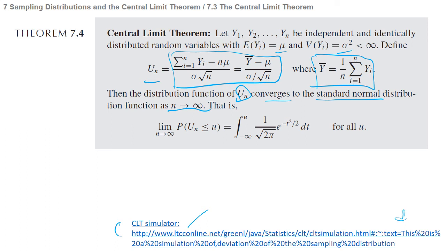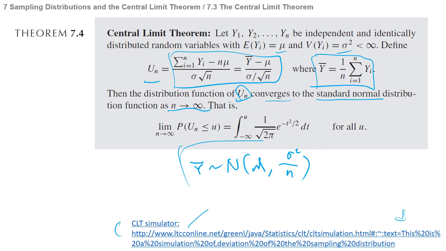To use this central limit theorem, I usually write it this way: y bar follows a normal distribution with mean mu and variance sigma squared divided by n.